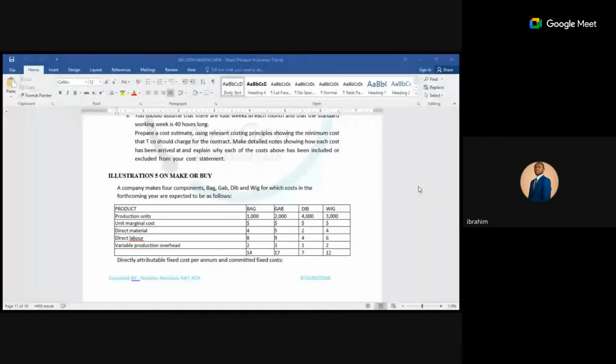And so we are still under the short-term decision, right? A short-term decision under decision making. So class, in today's class, we shall continue with the short-term decision where we have make or buy.